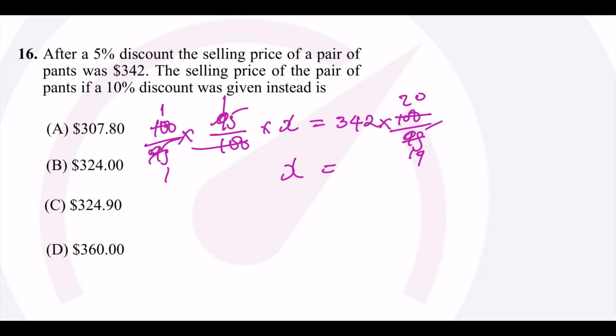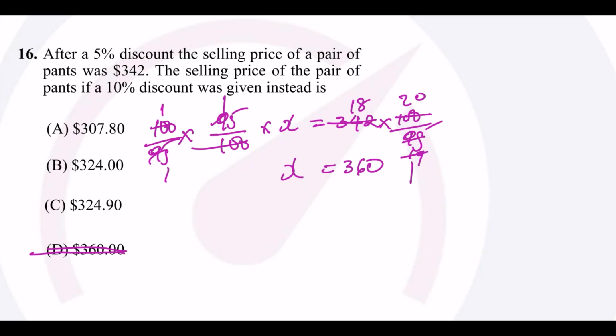Then we can say 19 into itself 1 time, and 19 into 342 goes 18 times. So then 18 times 20 gives me 360. So 360 is the original money. We don't have nothing to do with that. This is the original money. So they found the 5% discount of 360 gave them $342. Alright, so that's it for that.